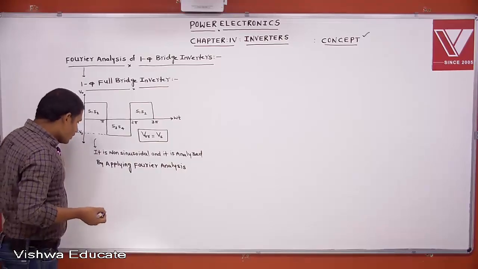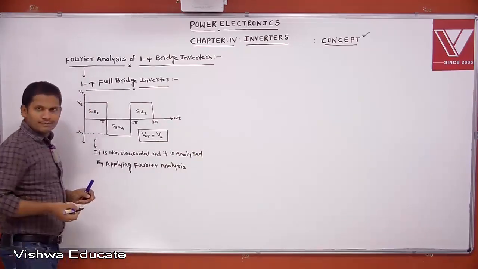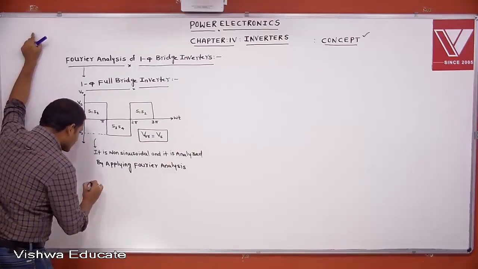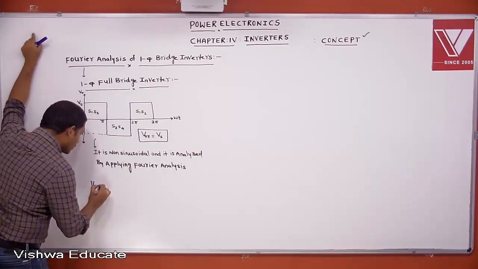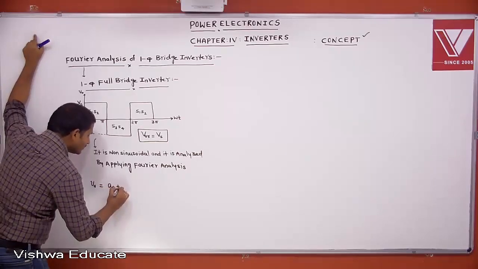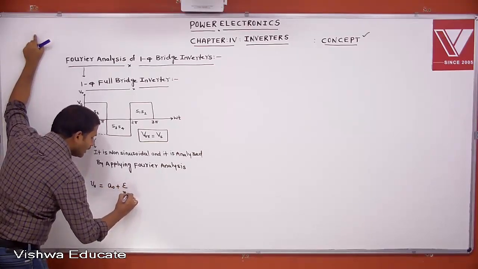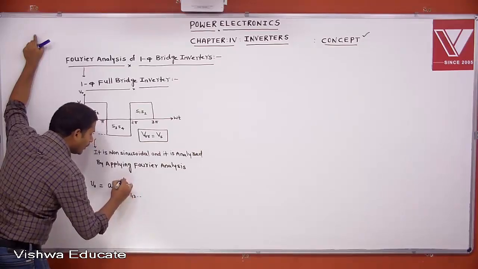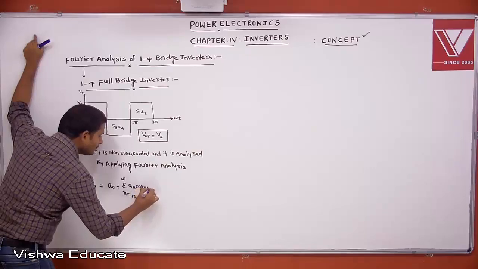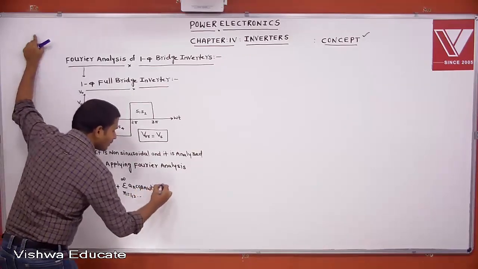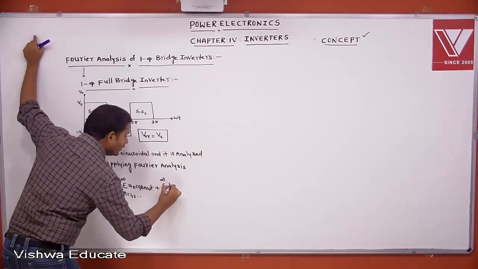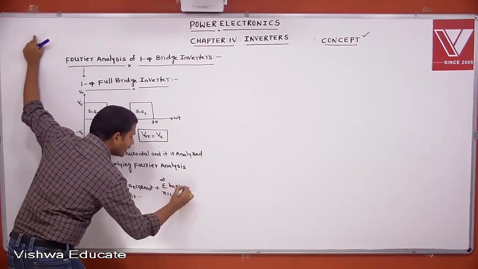We know that according to Fourier analysis, the instantaneous output voltage V0 equals A0 plus summation n equal to 1 to infinity an cos n omega t plus summation n equal to 1 to infinity bn sin n omega t.